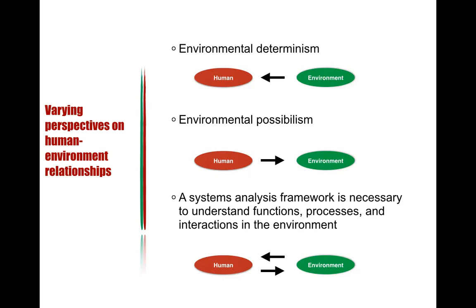So in this perspective, it's not right to say that it's just the environment affecting humans or the other way around, humans affecting the environment. The systems analysis framework shows the synergy, the close interaction, the interdependency of humans and the environment.